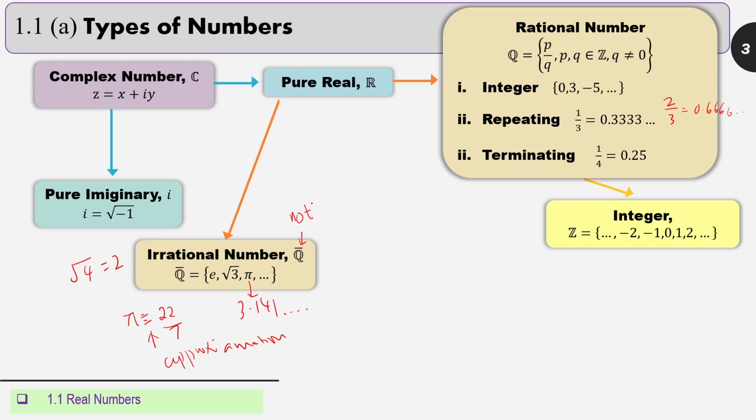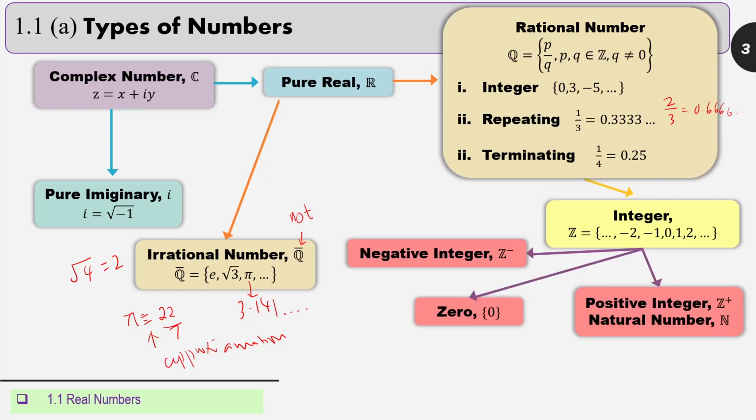Okay, as we just mentioned integers. An integer is any whole number, and the integers are separated into three parts. The first one is zero. In this subject, we define zero as neutral.